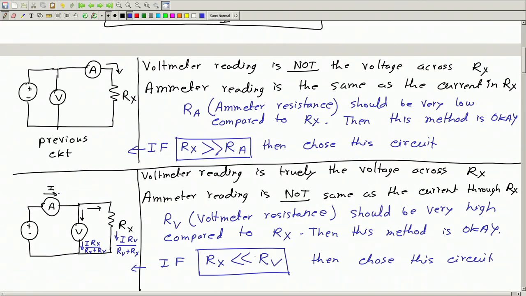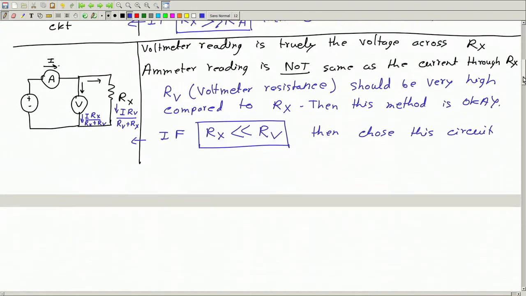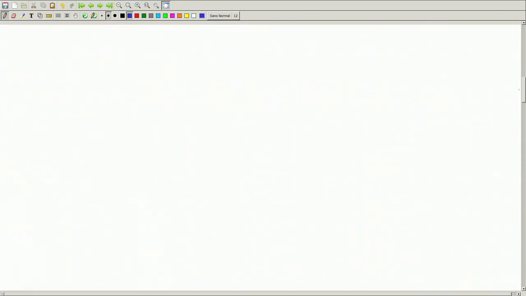If this resistance Rv is much higher than Rx, then most of the current will go through Rx, and this method is acceptable. So depending on the value of the resistance, we may decide which circuit to choose. To make it more clear, maybe we should take an example. Okay, so let's take an example.